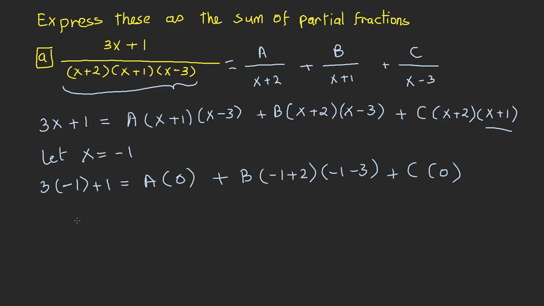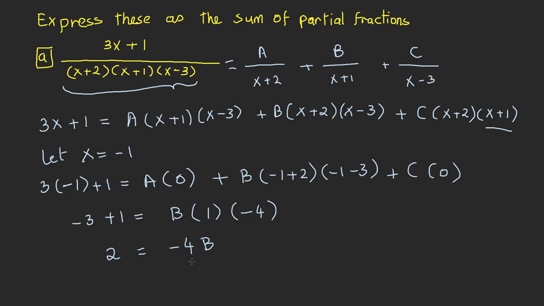So we have minus 3 plus 1 equals b times 1 times minus 4, so minus 2 equals minus 4b.